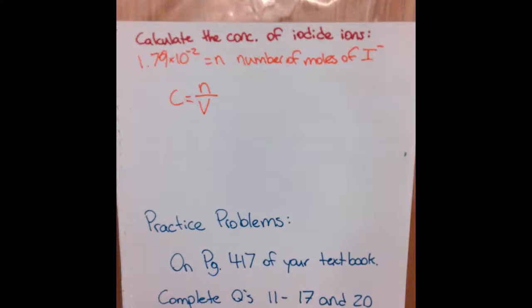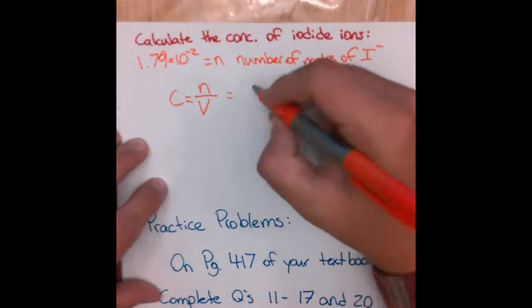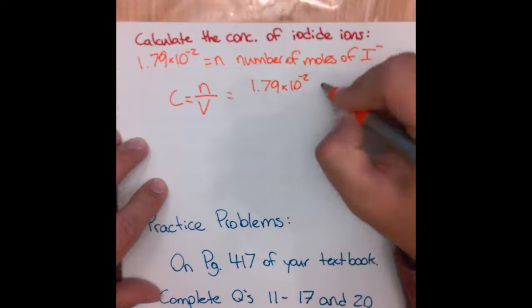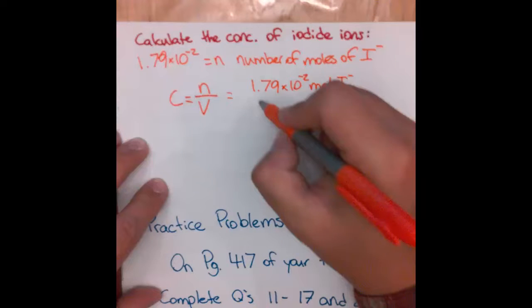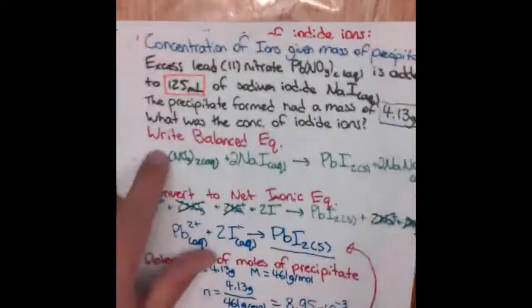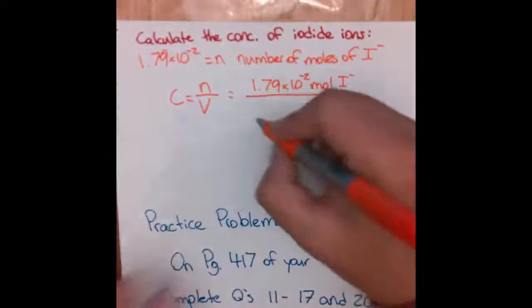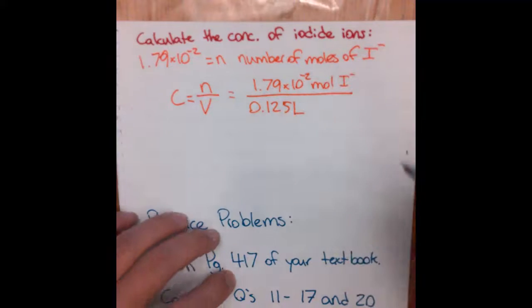Exact same equation. So I'm going to take my number of moles, which is 1.79 times 10 to the negative 2 mole of I minus, and I'm going to divide that by my 125 milliliters. Of course, I have to convert that into liters, so it will equal 0.125 liters.